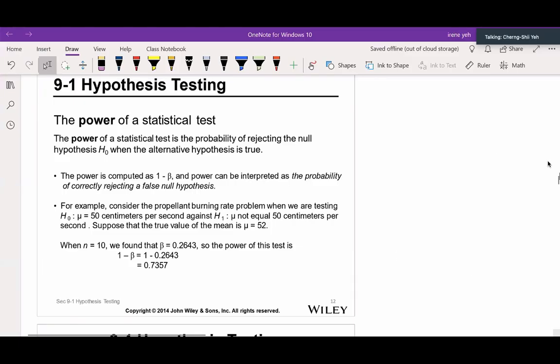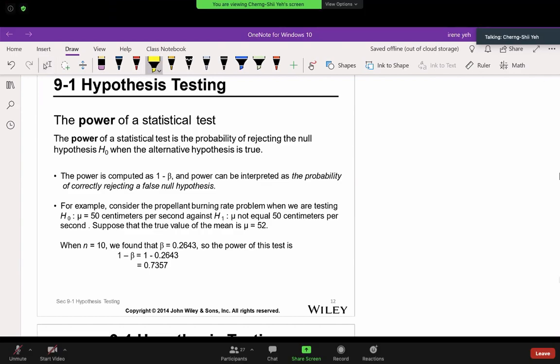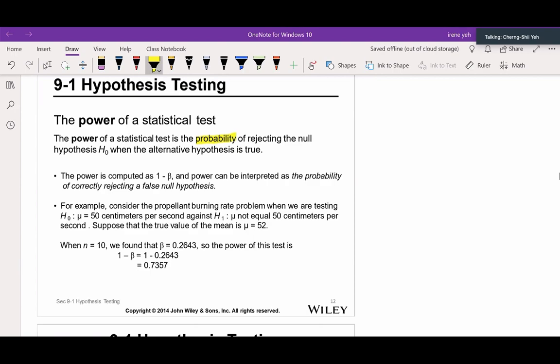All right. Let's repeat it one more time. The last concept is power. The power of hypothesis testing is the probability of rejecting an incorrect null H0 and concluding the correct H1.